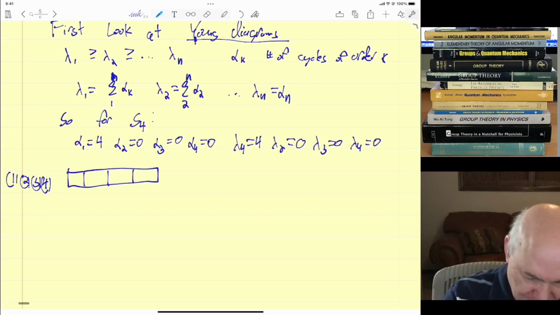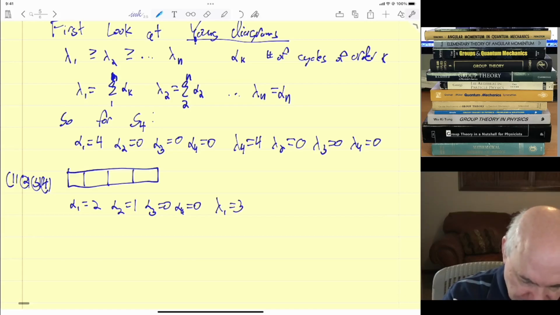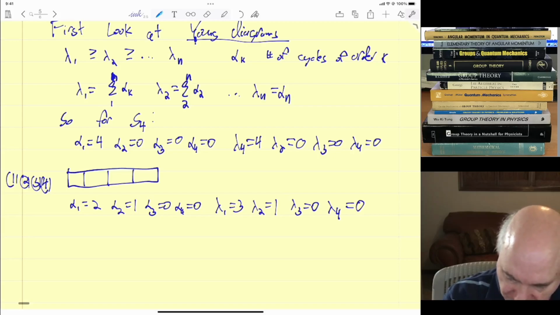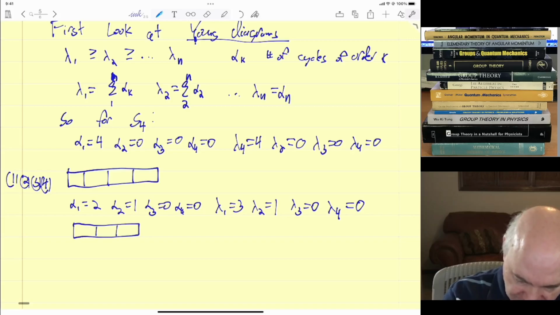It's only 1. And now we have alpha 1 equal 2, alpha 2 equal 1, alpha 3 equals 0, alpha 4 equals 0. So now I get lambda 1 equals 3, lambda 2 equals 1, lambda 3 equals 0, lambda 4 is equal to 0. And so now our Young diagram corresponds to 3 boxes on top, and then 1 box below that.